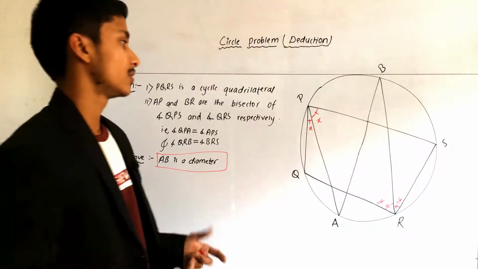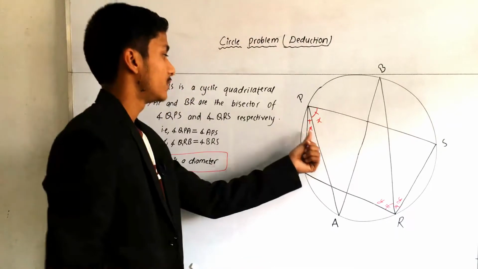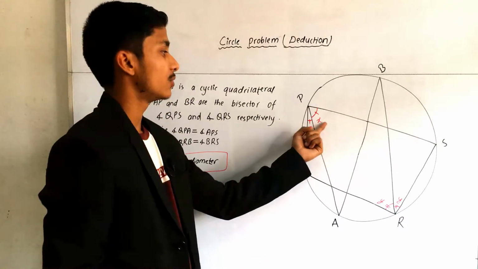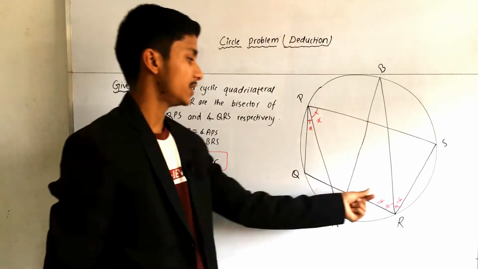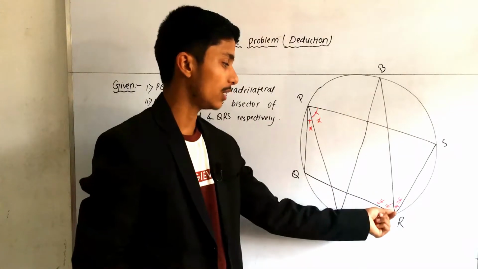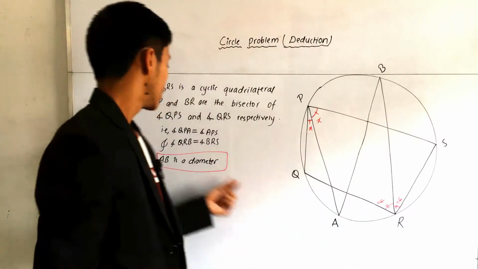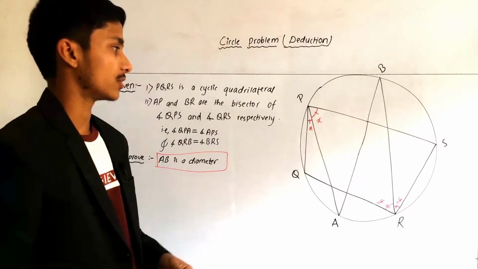Let this angle be x, then this will also be x because they are equal. And if this is y, then this will also be y because they are equal to each other.